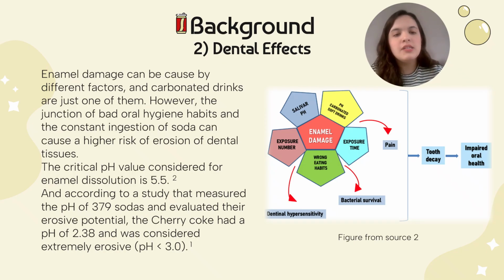According to a study that measured the pH of 379 sodas from the United States and evaluated their erosive potential, the Cherry Coke had a pH of 2.38 and was considered extremely erosive. According to this study, the sodas that were extremely erosive have a pH less than 3.0.